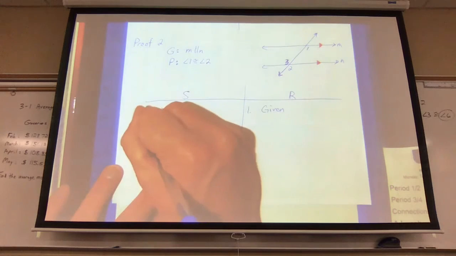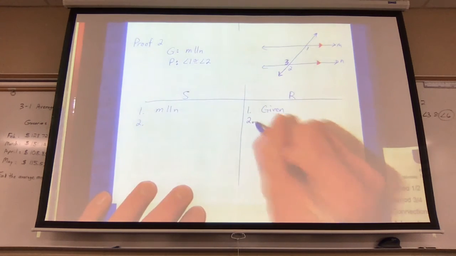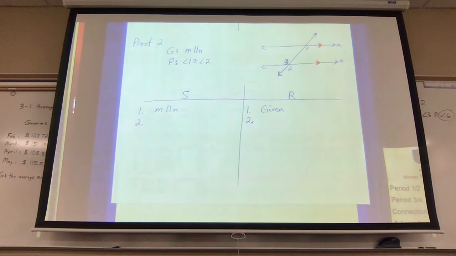All right, step 2. This might be a bit of a stretch at this point, but we'll give it a shot. Anybody think they can figure out step 2? Look at the picture. That might give you a hint. You're close.